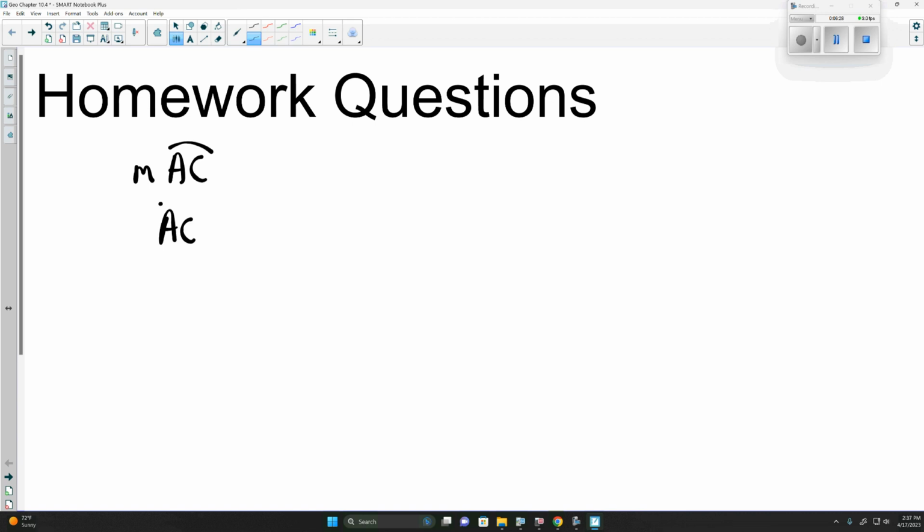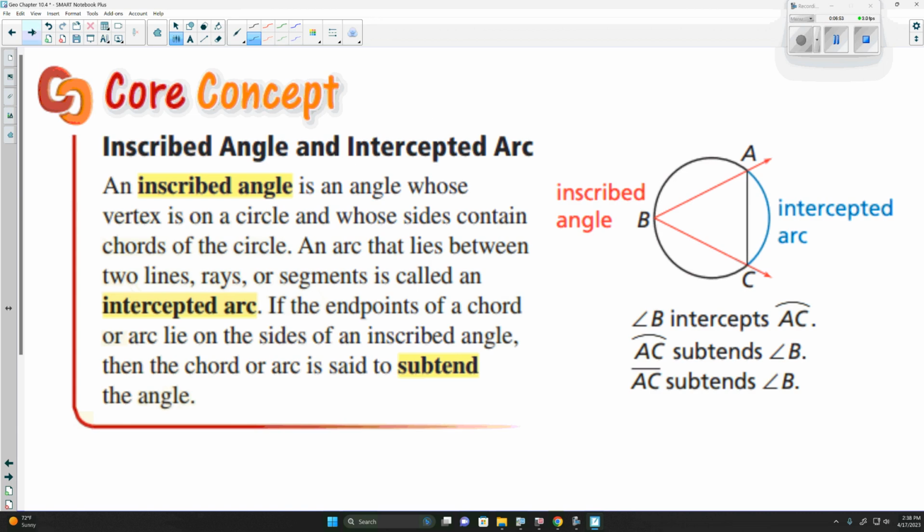If we're talking about just the arc itself, we say arc AC. For a line, LM, this here is the measure. That is the line segment. Yes? No, at this point I'm not going to count off on that. Any other questions? That is very clear.